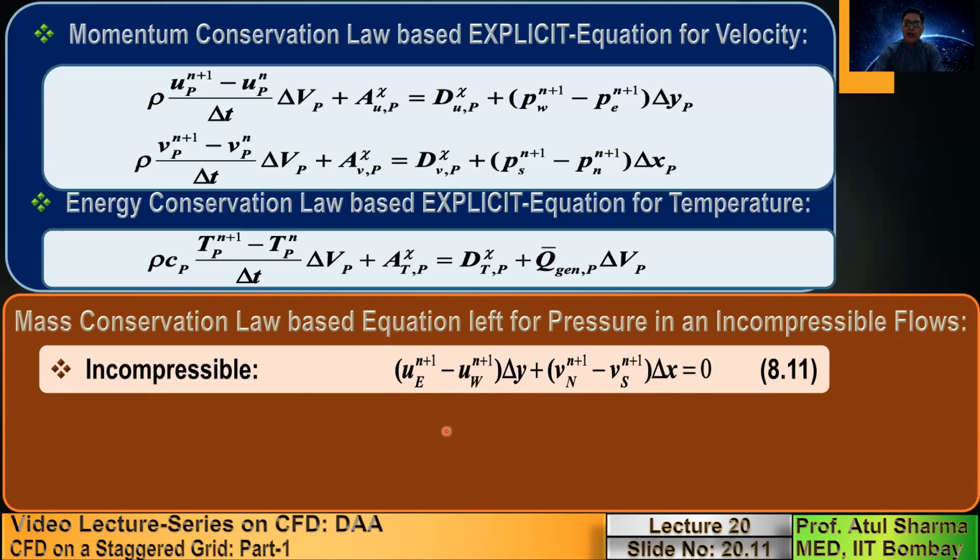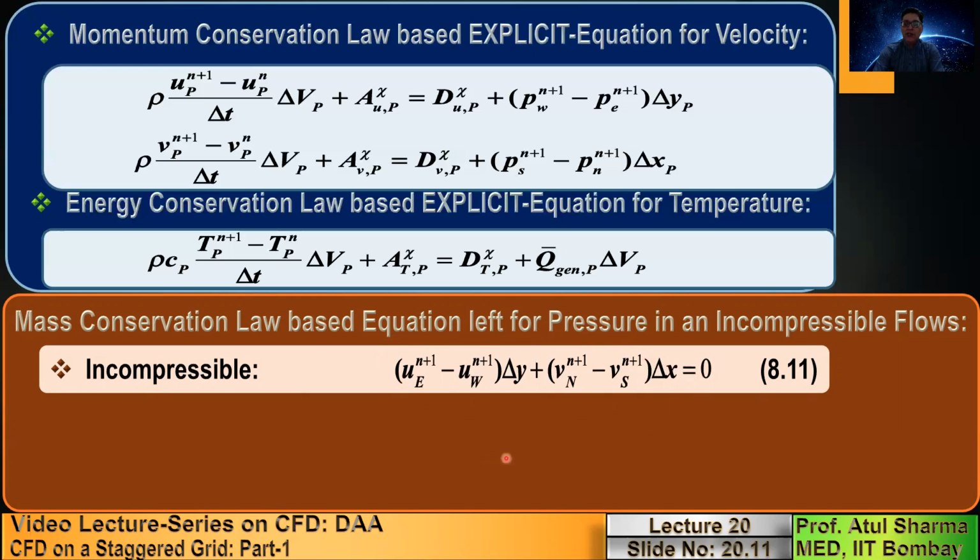So you want to use this algebraic formulation for pressure, but the algebraic formulation that you have obtained consists of the velocities normal to the surfaces, u velocities and v velocity. It does not consist of any pressure. So note that for pressure we do not have an explicit conservation law, and we do not have an explicit algebraic equation.